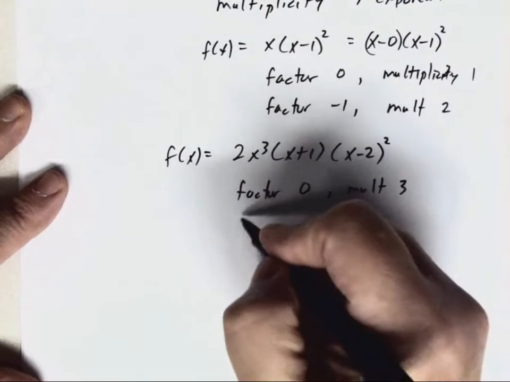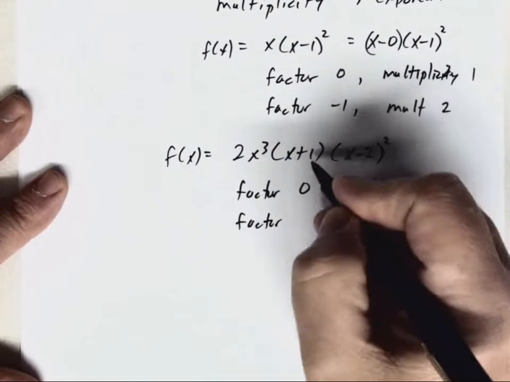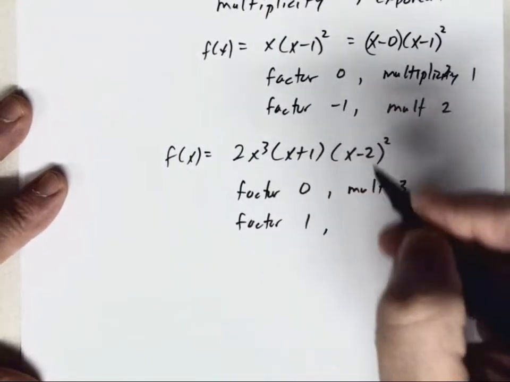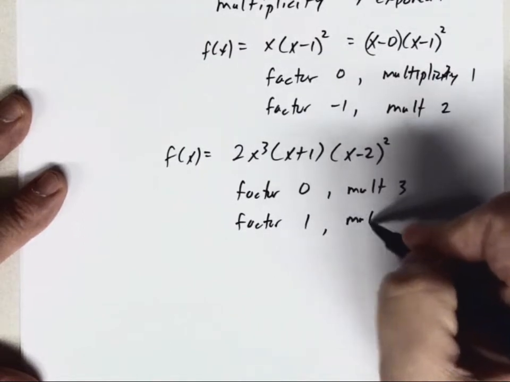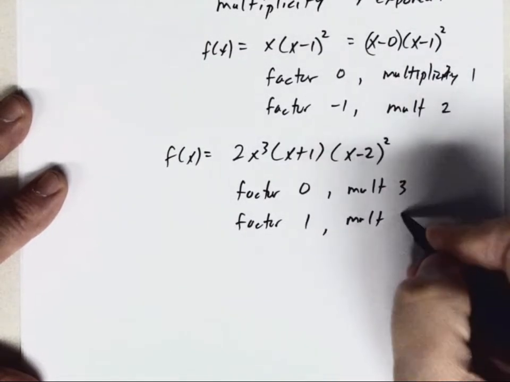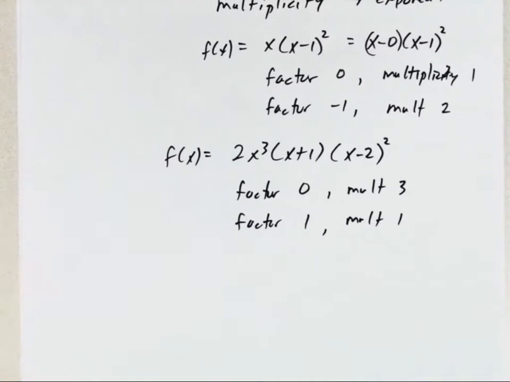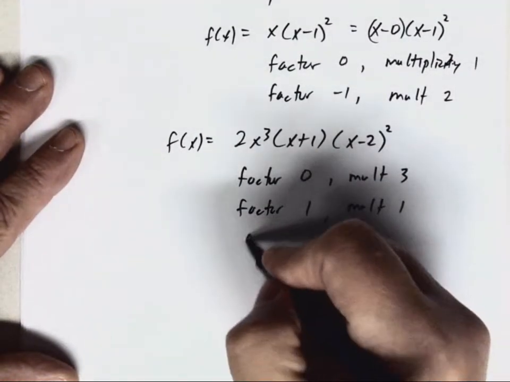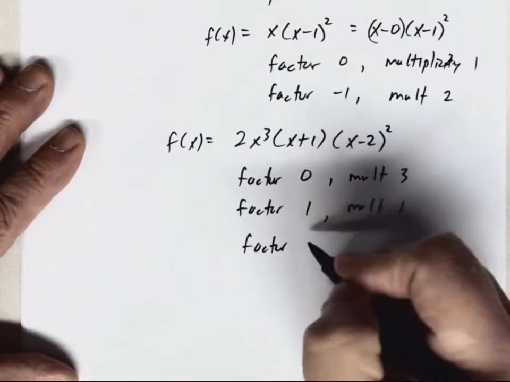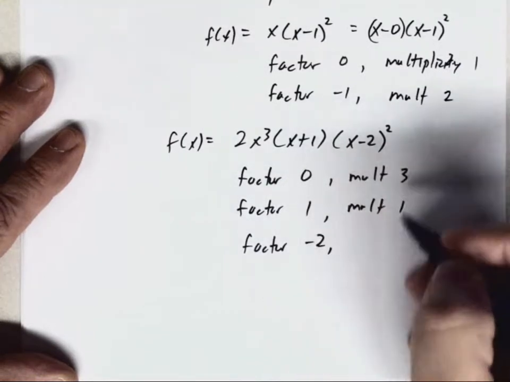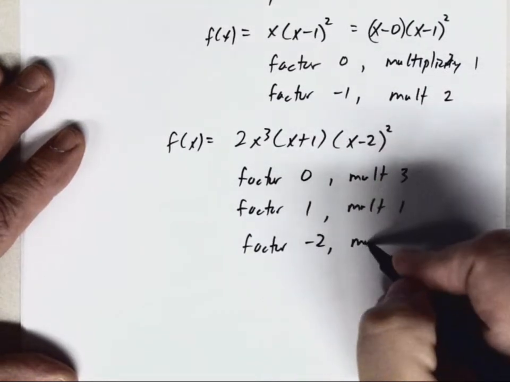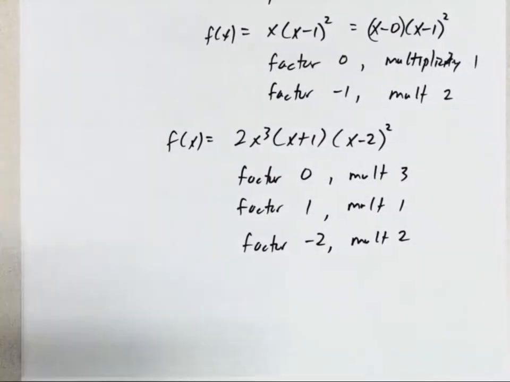For this parenthesis, what would the factor be? It's just a number here. What's the multiplicity of that one? It's just 1, because there's really a 1 there. Then for our last parenthesis, the factor would be -2. And what's the multiplicity? In that case, the multiplicity is 2.